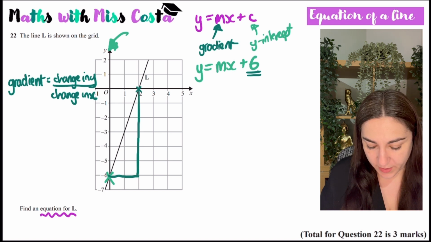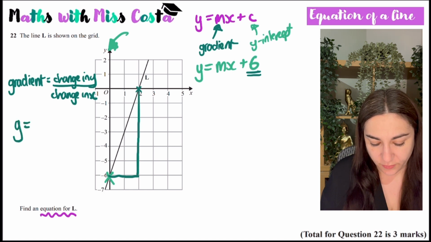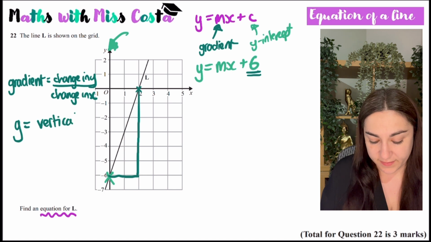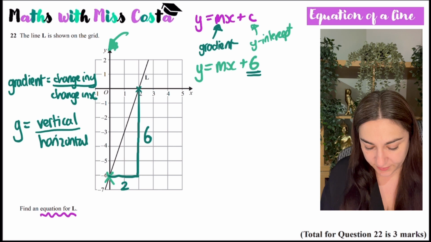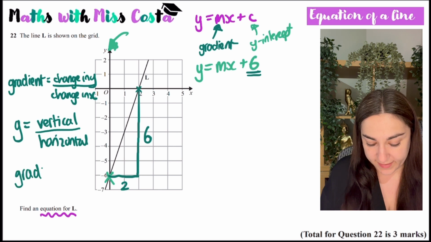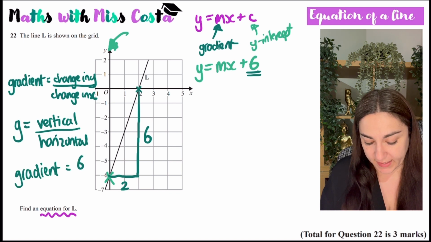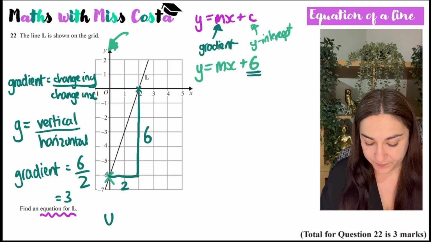So what I do is I work out the change in y. The gradient is basically the vertical distance divided by the horizontal. The change in y is 6, and the change in x is 2. So the gradient is 6 divided by 2, which is 3.